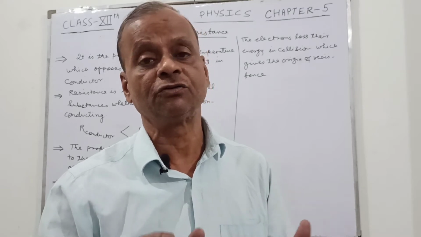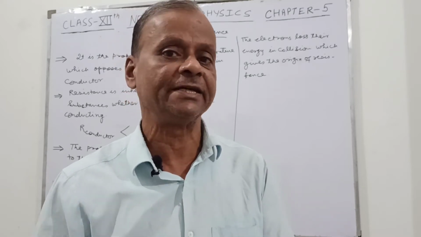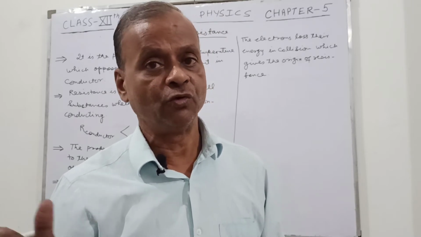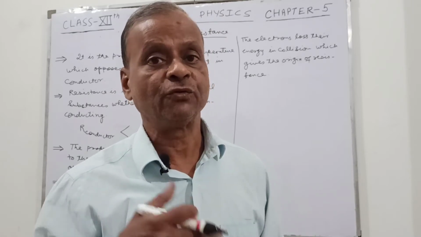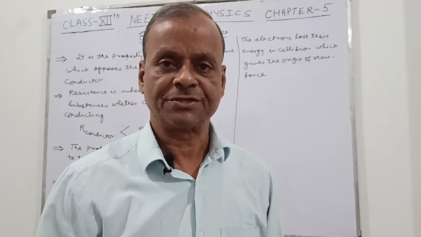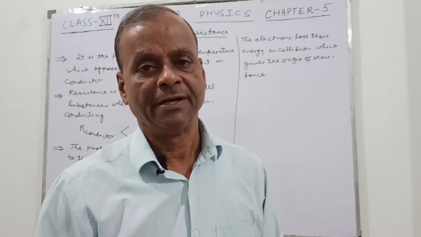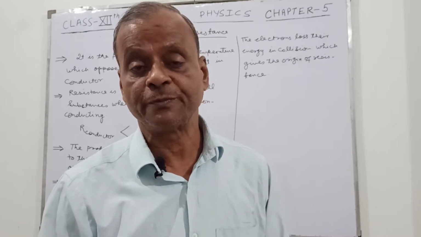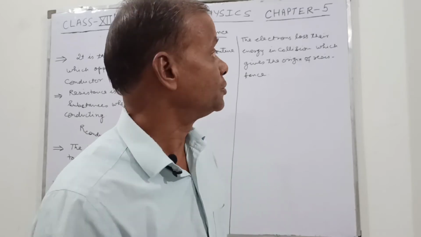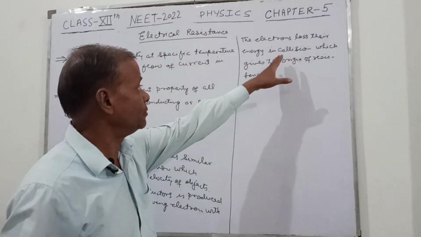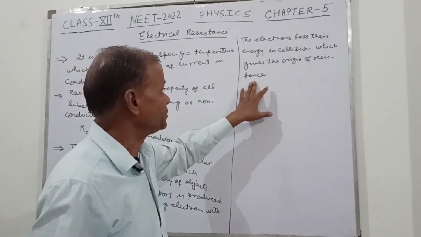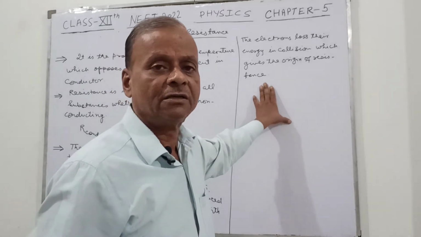While moving in the conductor, electrons have to face collisions with the positive ions, and this collision gives the resistance to the conductor. So this is what I have written, that the electrons lose their energy in collision, which gives the origin of the resistance.